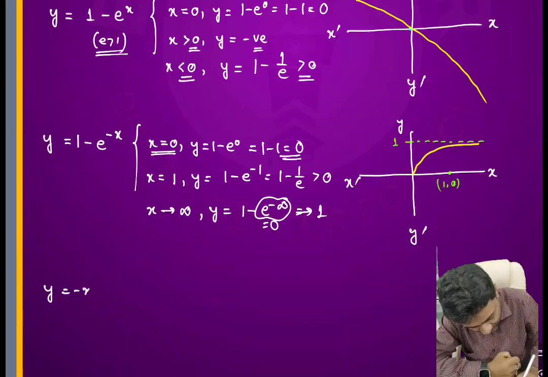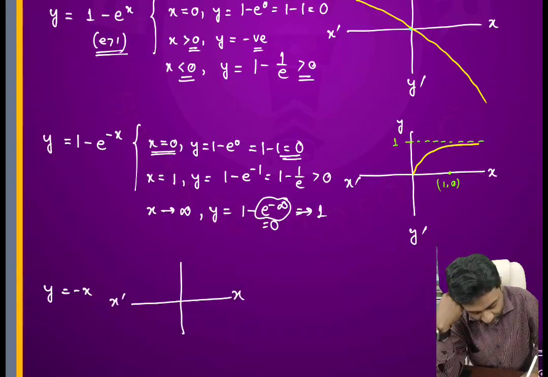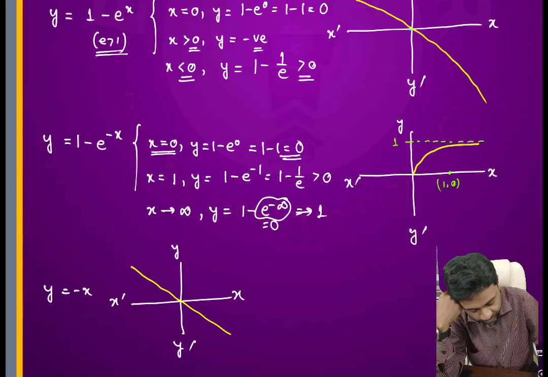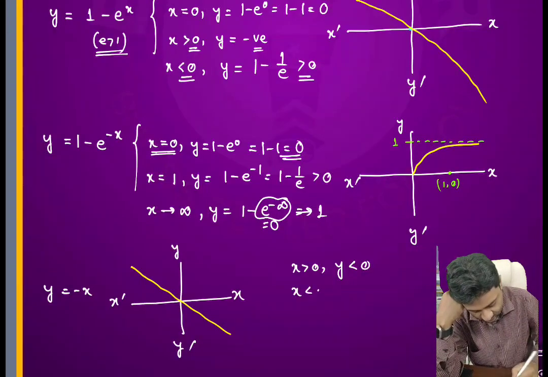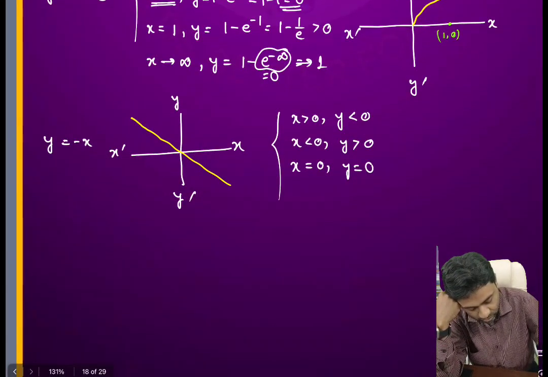Now, a few more graphs. We have already learned what y equal to x looks like. Y equal to minus x will be a mirror image of y equal to x. So x prime and y prime. This graph looks like this one. When x is positive, y is negative here, and when x is negative, y is positive, and when x equal to 0, y is 0.